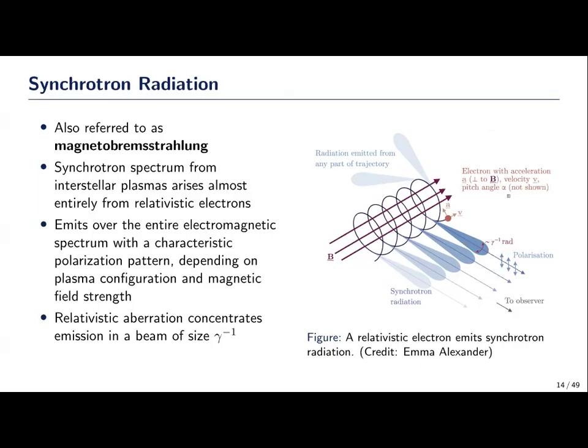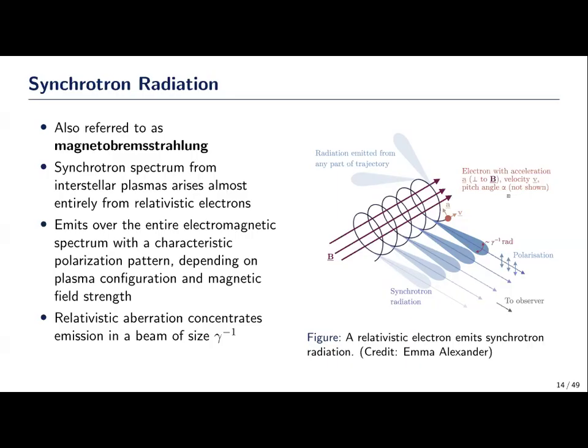But the dominant source of electromagnetic emission in interstellar media, especially around supermassive black holes, is synchrotron radiation. Synchrotron radiation comes from a particle that moves relativistically fast in a magnetic field, which means that it makes a spiral motion.